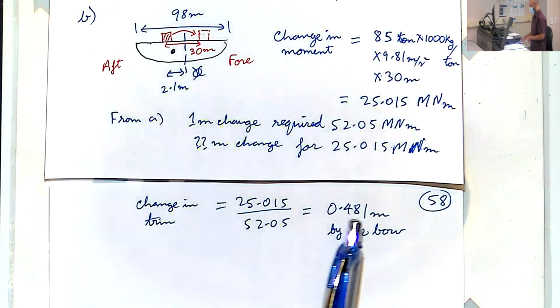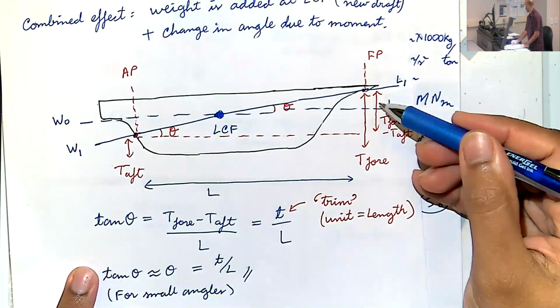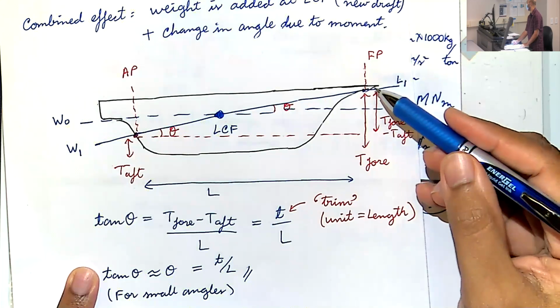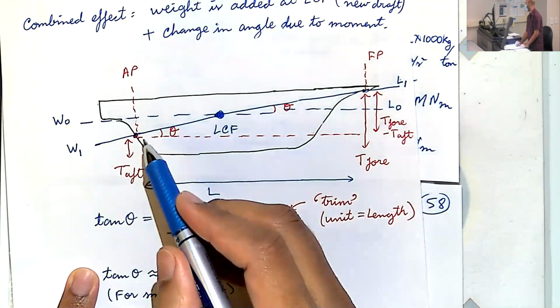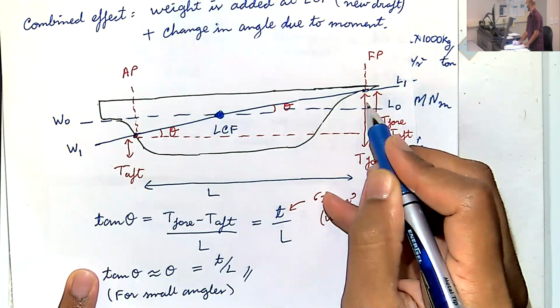This is just change in trim, meaning, let me bring back an old sketch. We've just found the difference between forward draft and aft draft. So what's this vertical distance here?